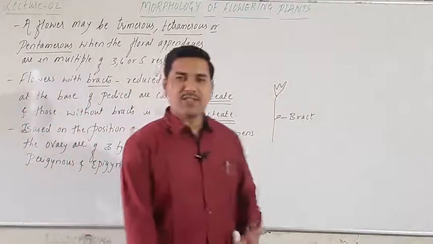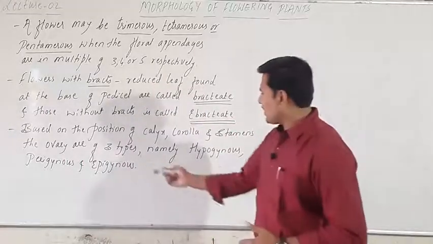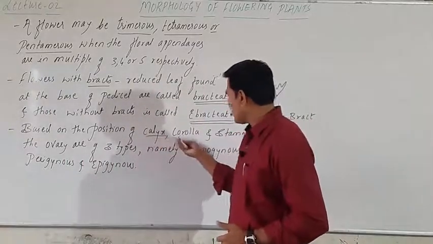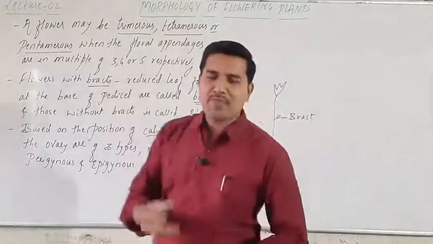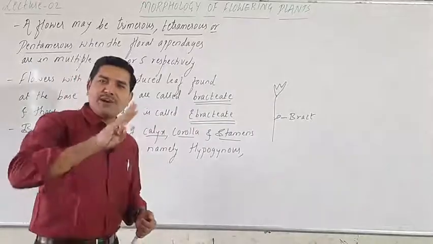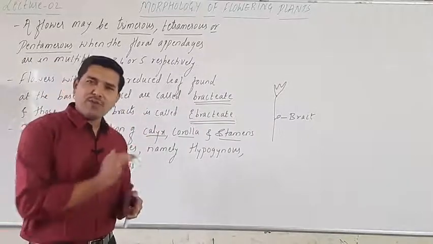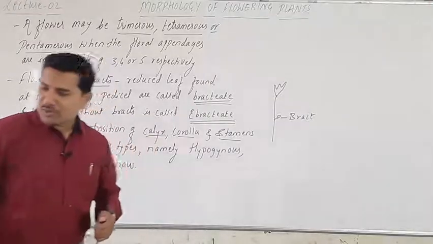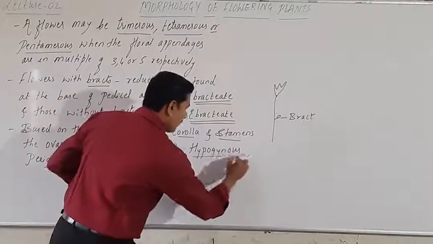So, based on the presence of the floral appendages like what? Calyx, corolla, stamens. ಇವತ್ತರ ಆಧಾರ ಮೇಲನ ಫ್ಲವರ್ ನಾವು ಮೂರು ರೀತಿ ಡಿವೈಡ್ ಮಾಡಿದ್ದೀವಿ, we call it as position of the ovary, ಹೌ ಇಟ್ ಈಸ್ ಅದನ್ನು ಡಿಟೇಲ್ ಆಗಿ ನೋಡೋಣ. So they are named as what, ಅವಕ್ಕೆ ಏನಂತ ಕರಿತೀವಿ? They are called hypogynous.